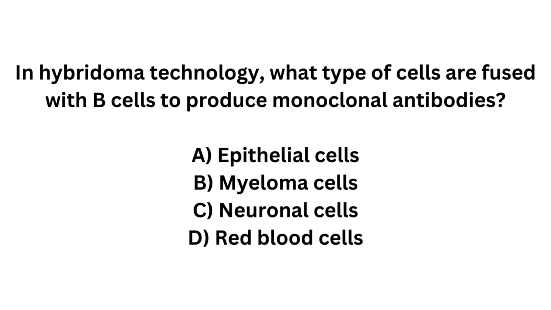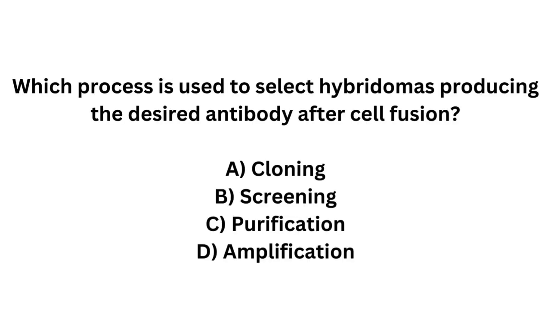In hybridoma technology, what type of cells are fused with the B cell to produce monoclonal antibodies? Myeloma cells. Which process is used to select hybridomas producing the desired antibody after cell fusion?